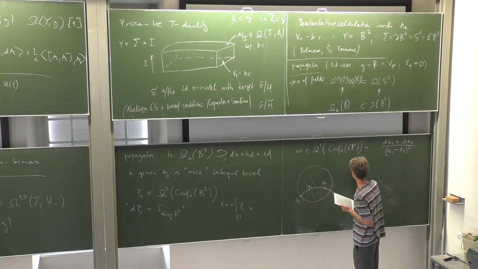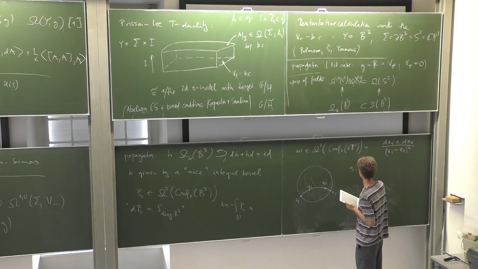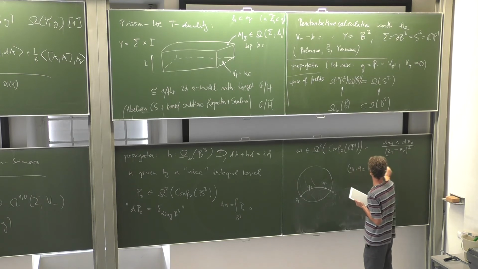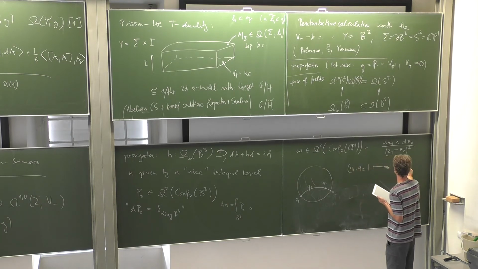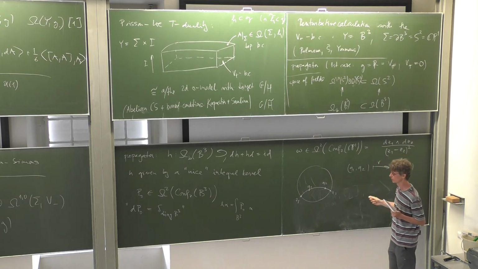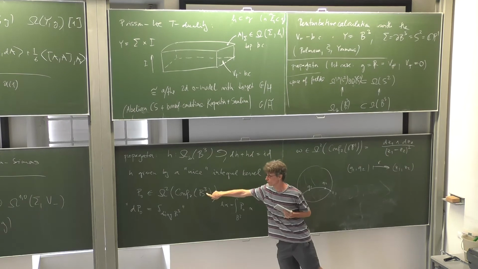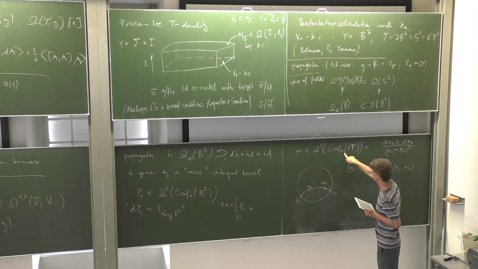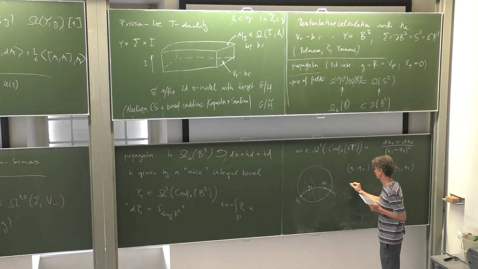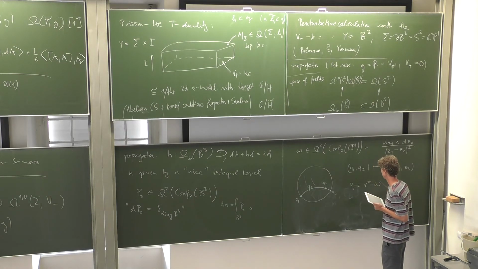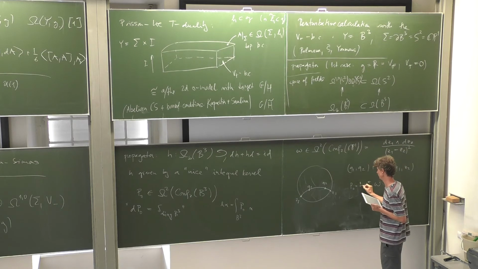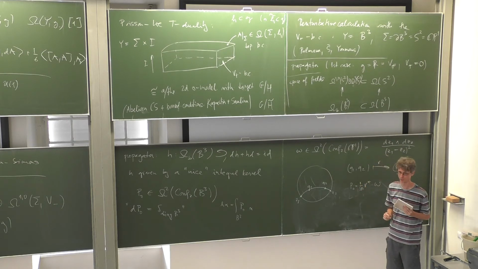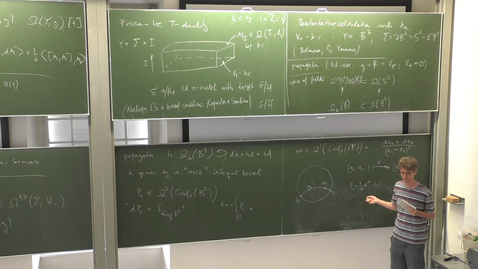So we map Q1 and Q2 to Z1 and Z2, and let's call this map R. It goes from this configuration space to that configuration space, and the propagator is simply R star of omega, times 1 over 2 pi i, or whatever, for normalization purposes. That's the propagator.